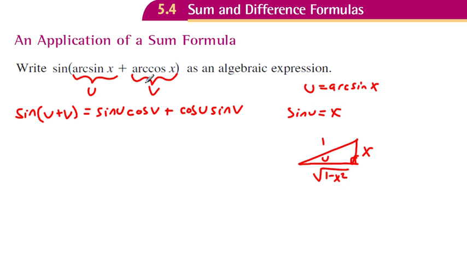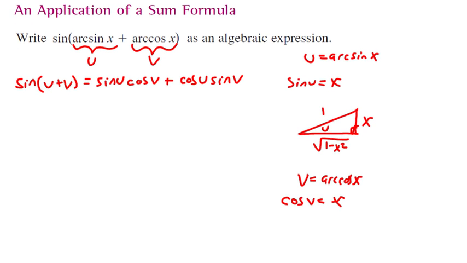Now let's let v equal arc cosine of x. That means let's take the cosine of both sides. The cosine of v equals, if I take the cosine of arc cosine, those cancel out, and I get just x again.